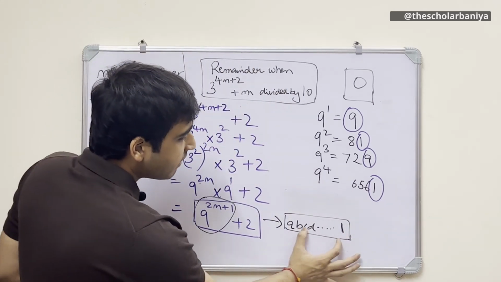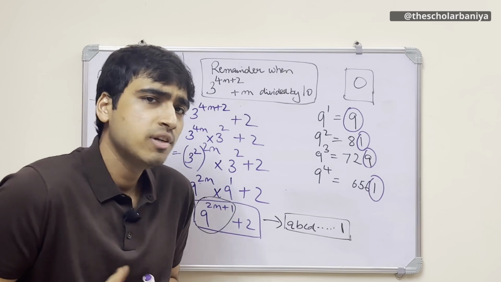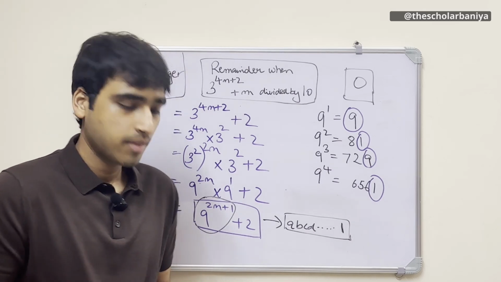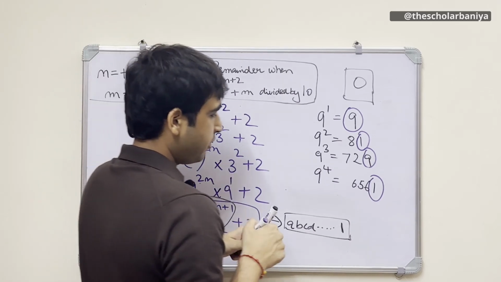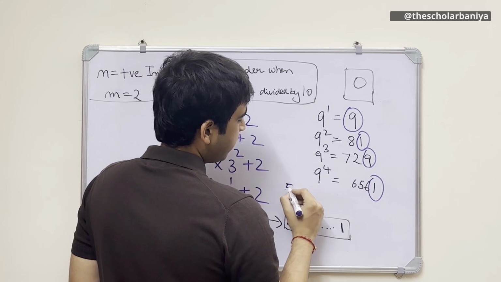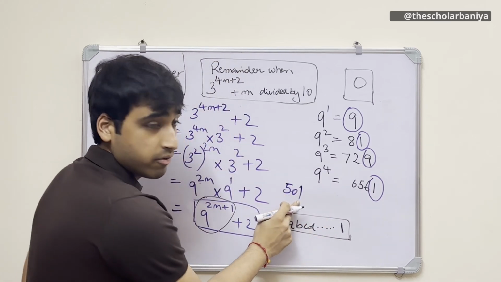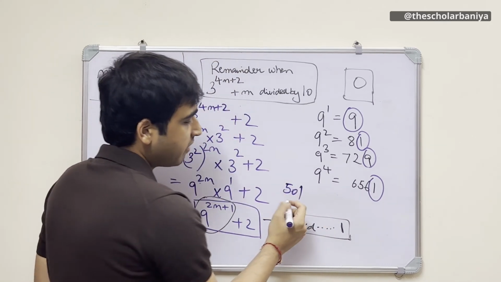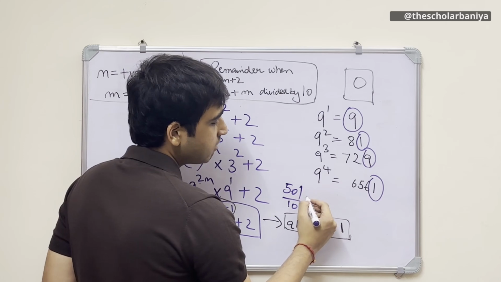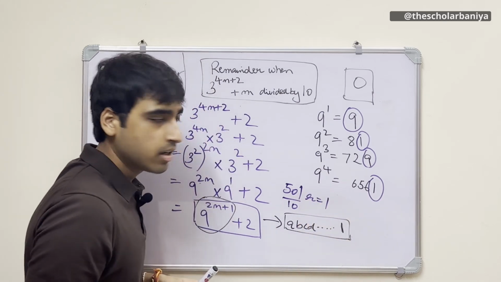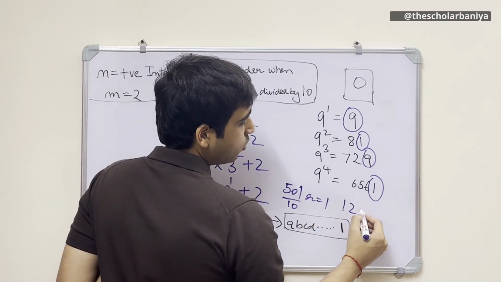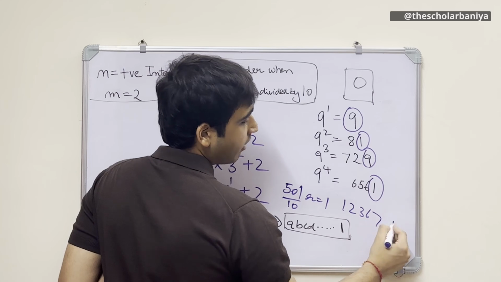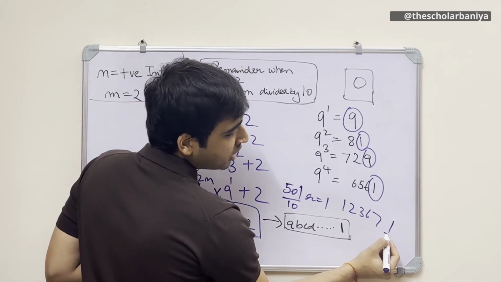Now, if you divide this number by 10, what will you get? Tell me. For example, if we have 501, the 1 is in the unit digit, right? So if you divide by 10, the remainder will be 1. If you have 1, 2, 3, 6, 7, 1, again, the unit digit is 1.